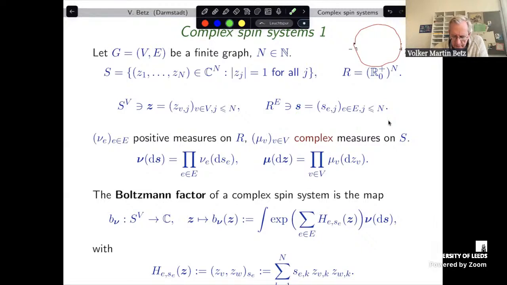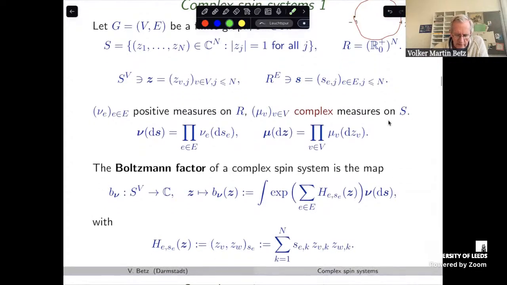So S is an interaction, and here the S can be in principle any number, but it turns out that some of the results only work if we have non-negative interaction. So even though the spins are complex numbers, the interactions between spins have to be non-negative.